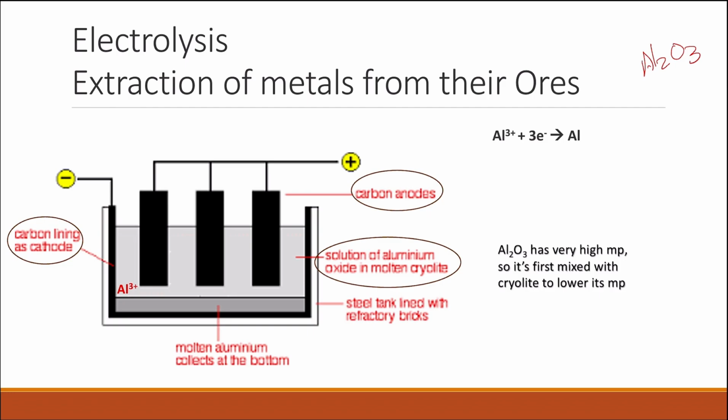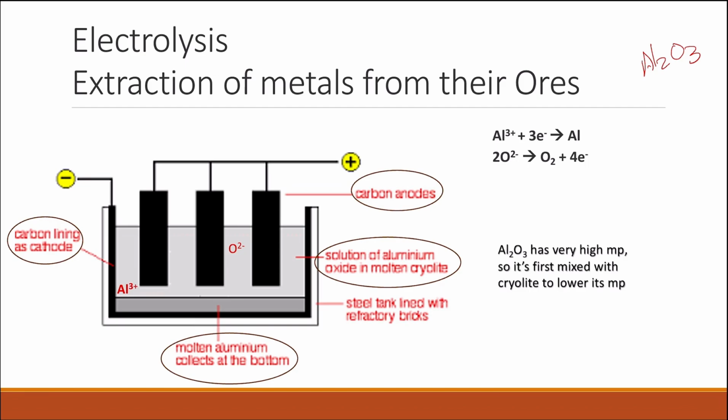They're going to be reduced to aluminum, and the molten aluminum will collect at the bottom. And then we have the oxygen here as well. The oxide ions will be oxidized and they're going to travel toward the carbon anode, and the oxygen will lose its electron to give you the oxygen gas.